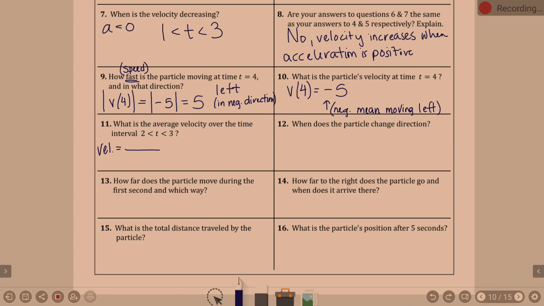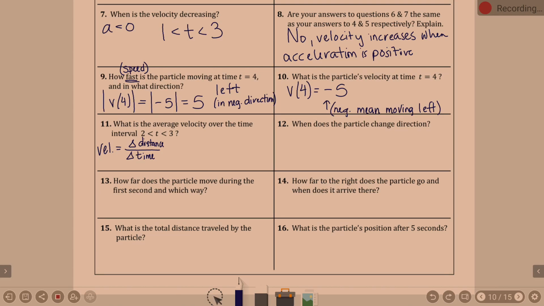It's like change in distance over time. That's what I was looking for. Change in distance over change in time. I did delta D over delta T. I guess in my notes I have it written out as distance and time, but I think you guys know when you see D and T what we're talking about here. So average velocity is a change in distance over the change in time.